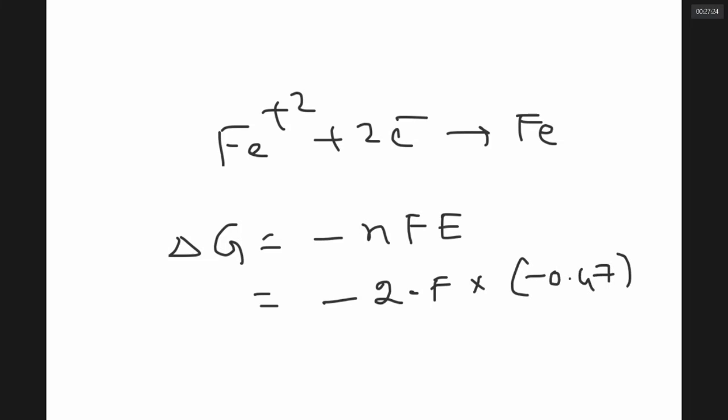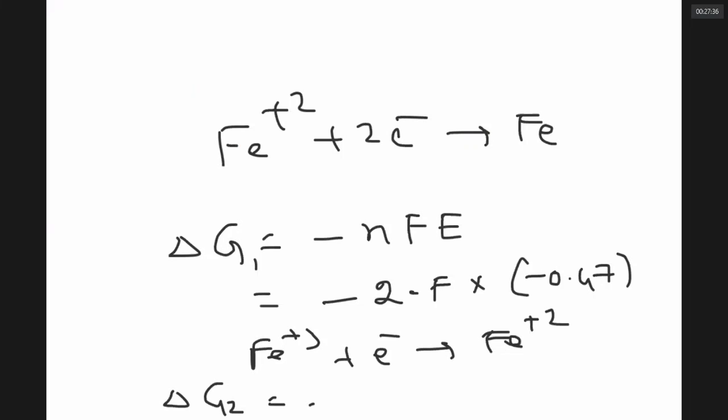This is the delta G1 value. Similarly, for the reaction Fe3+ plus 1 electron gives Fe2+, delta G2 is equal to minus of nFE, that is minus of 1 into F into the E value they gave as plus 0.77 volts.